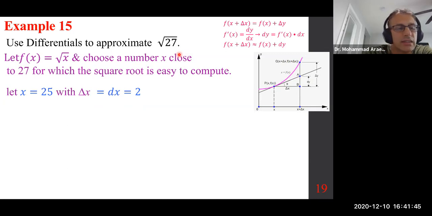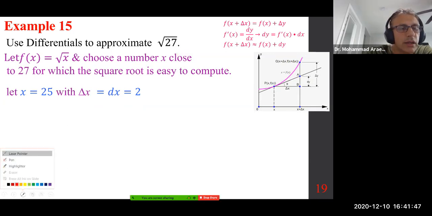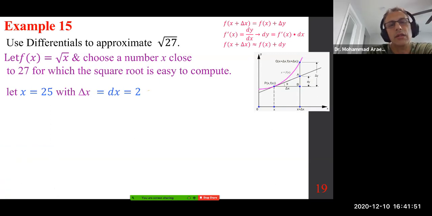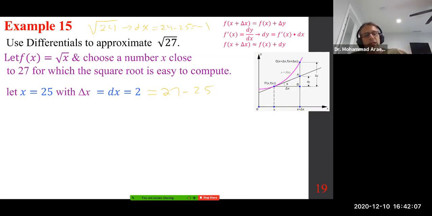What is dx? I want to make sure, or delta x, I want to make sure we understand that. Okay, so simply put, it is 27 minus 25. If we wanted to get, let's say, square root of 24, then delta x would be 24 minus 25 equals -1. And that's important for everybody to know.